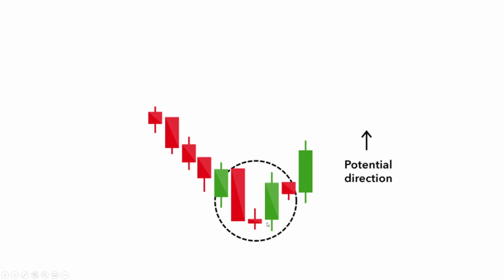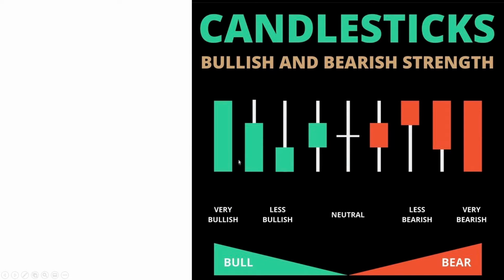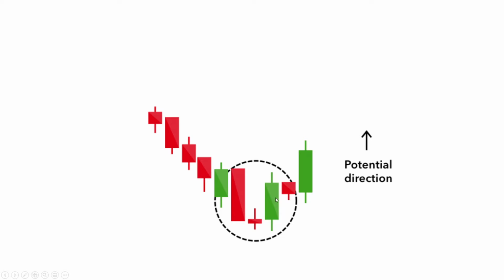So we use these candlesticks to predict the possible direction. We're looking at how the buyers are coming in, how the sellers are coming in, and the strength of them based on how the candles look. And that's how you take a look at these candlestick charts. So this would be a great prediction of going up.